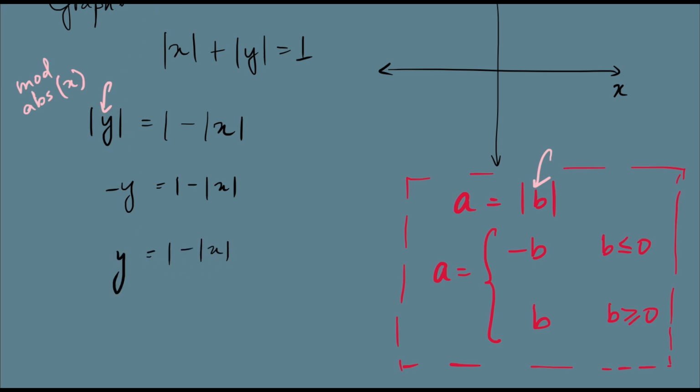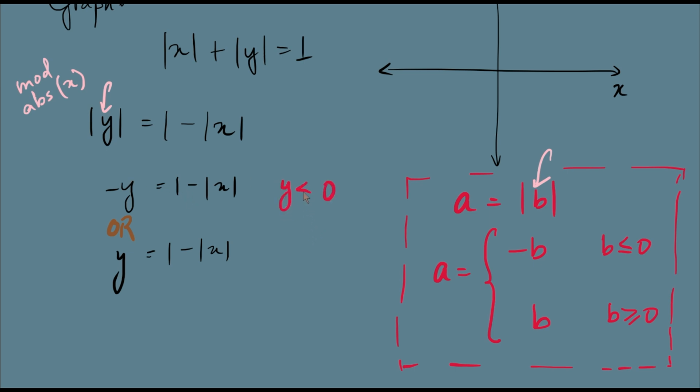These are the two cases that could have happened because there's a mod around y. But we can also narrow down these cases depending on the value of y. So I'll open my mod with a negative sign when y is less than 0.